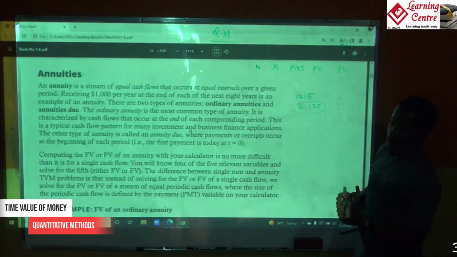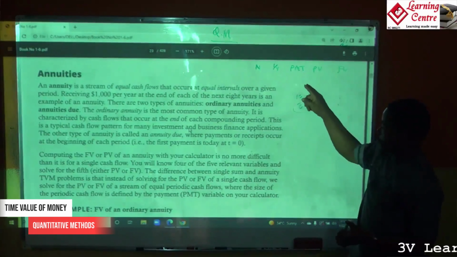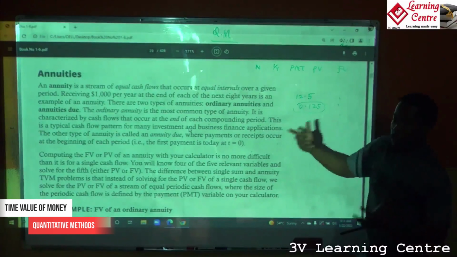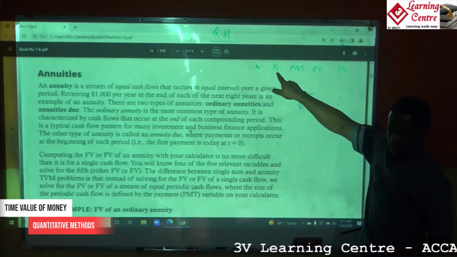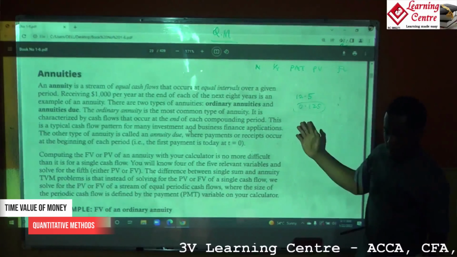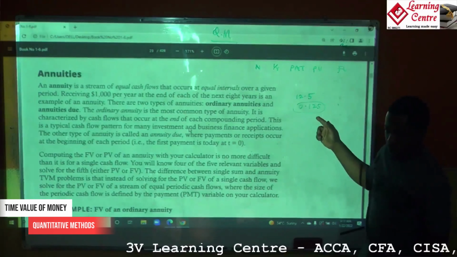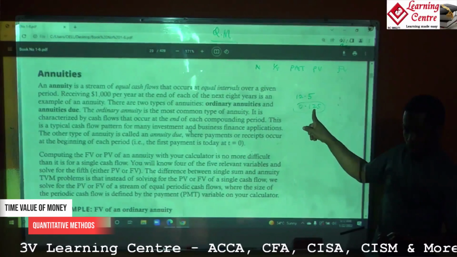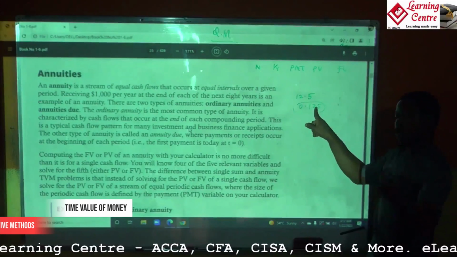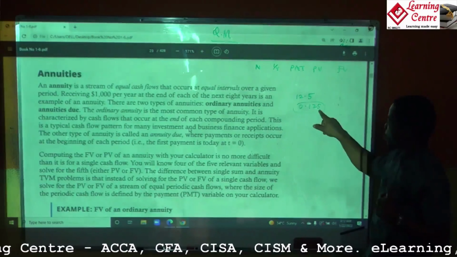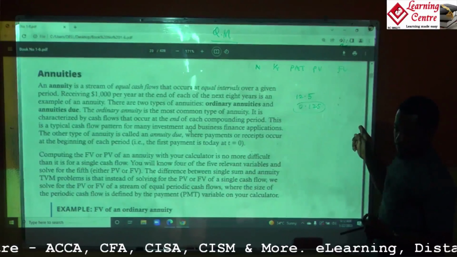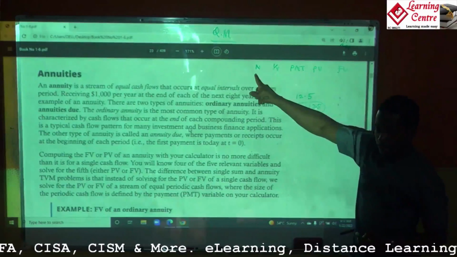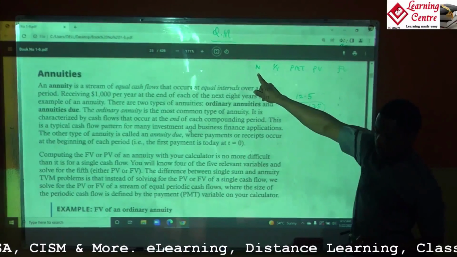Now, if you are dealing with your calculator, you enter 12.5% as 12.5 because the calculator already knows that whatever figure you enter for I over Y is a rate. Do you understand? If you enter 0.125, the calculator would assume you are talking about 0.125%. Do you understand? All right, so that's interest rate per compounding period. N is the number of compounding periods in the question.